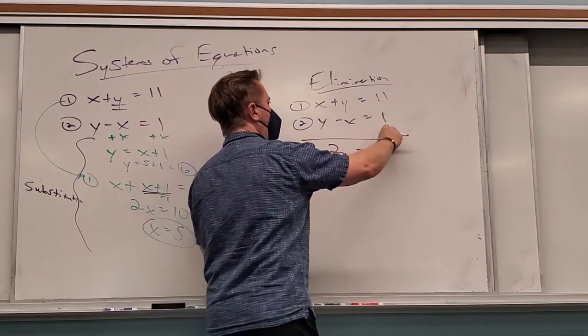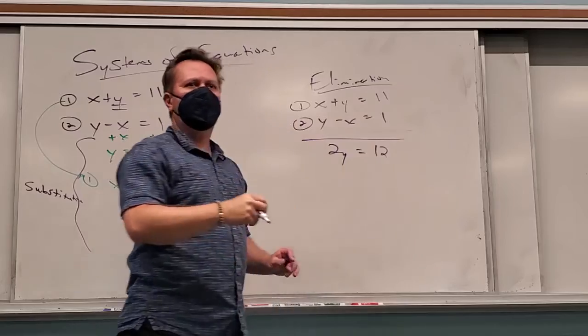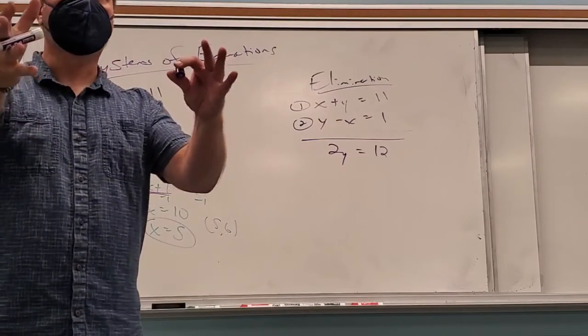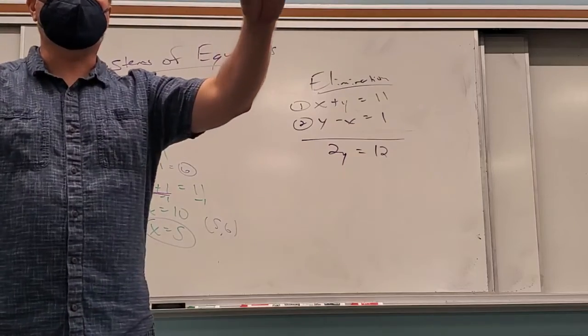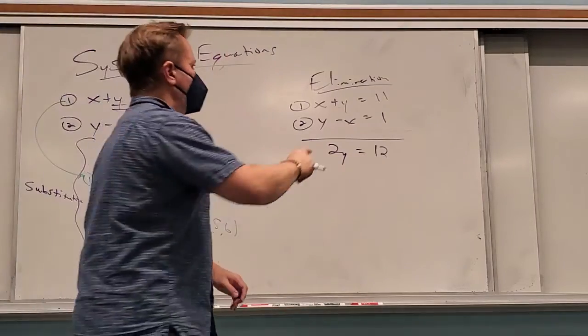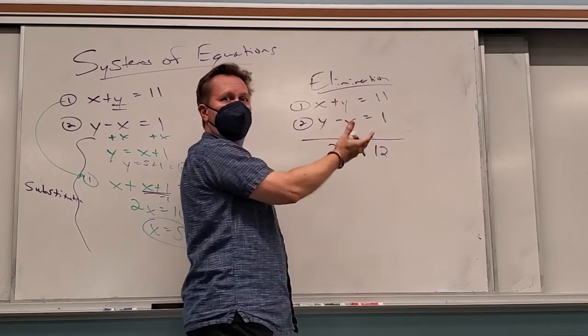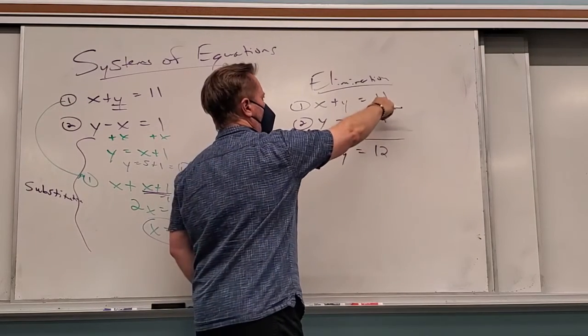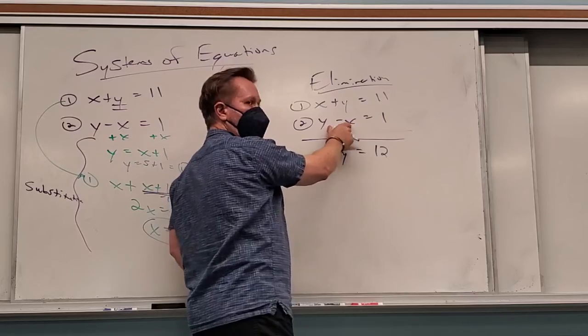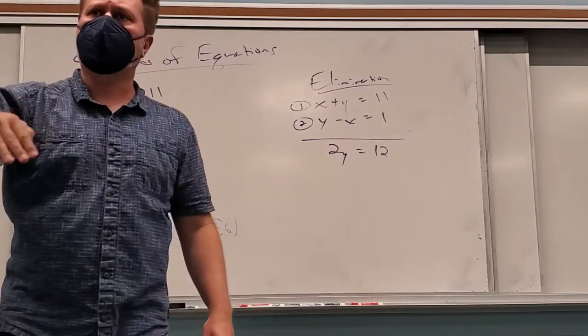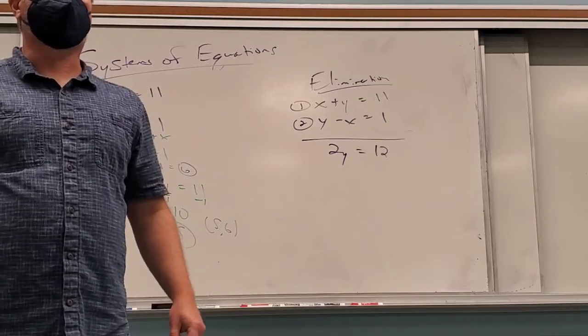So if I add 1 to 11 to get 12, aren't I supposed to add 1 to the other side? Right? Don't I have to do the same thing to both sides? But what is 1? Isn't 1 equal to this? Bam. So if I add 1 to this side, I add y minus x, which is 1, to that side. That's why I'm allowed to just add two equations.